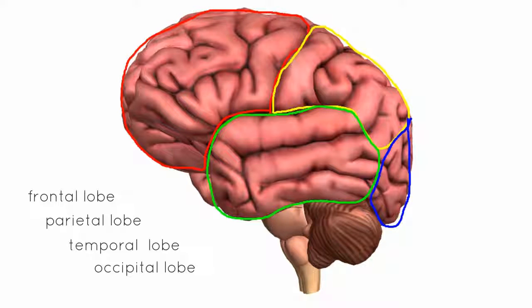The temporal lobe is important in memory, language, emotion and hearing, and the parietal lobe acts as a sort of integrator of sensory information, so it receives and processes sensory information, and the occipital lobe sitting at the back is responsible for vision. That's a very crude overview of their functions, but it gives you an idea that different lobes have different functions.